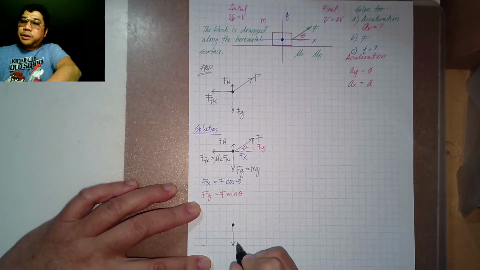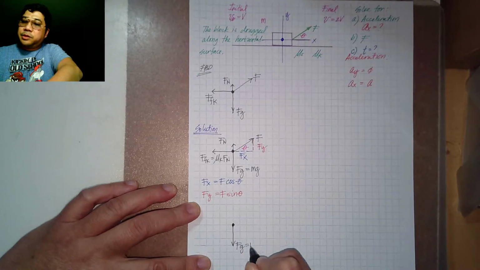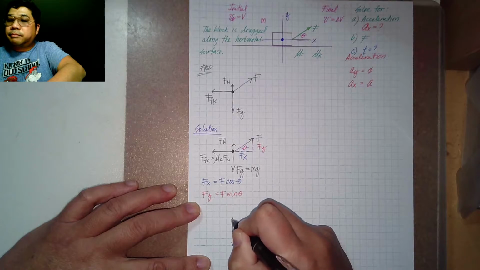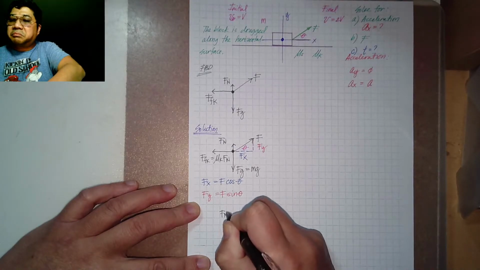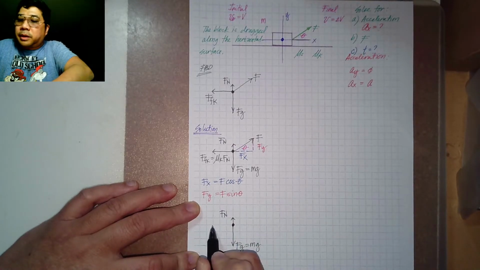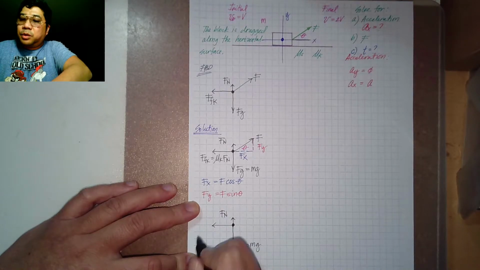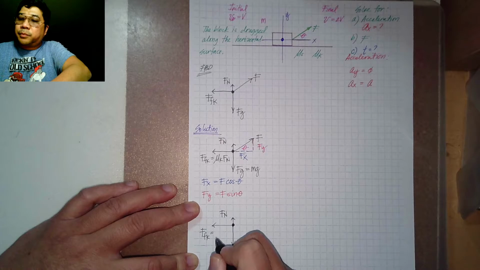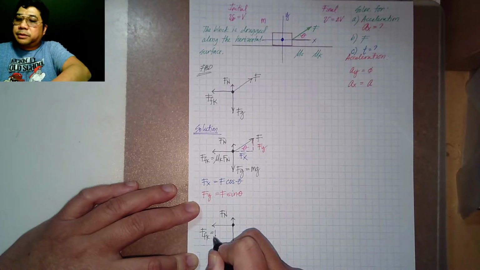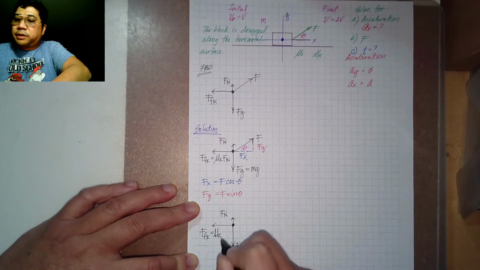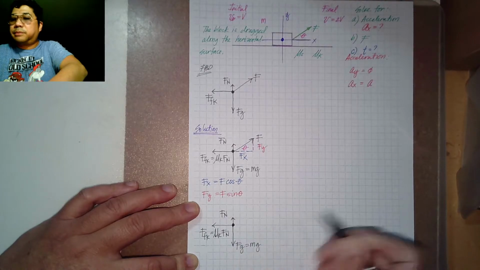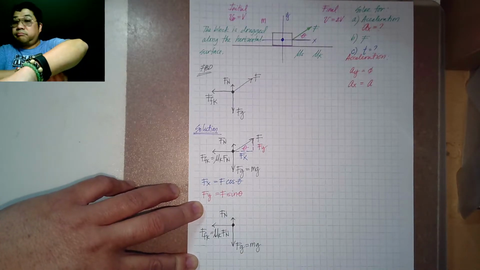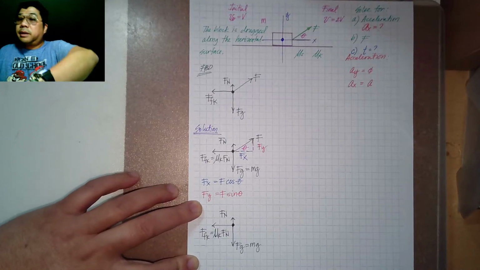And now this one is your Fg, which is m times g, the normal force, and then we have our force of kinetic friction, which is your coefficient of kinetic friction multiplied by the normal force. And then we have our components.